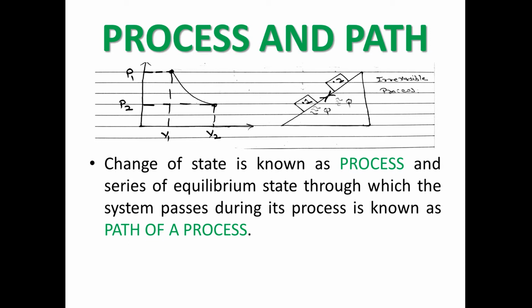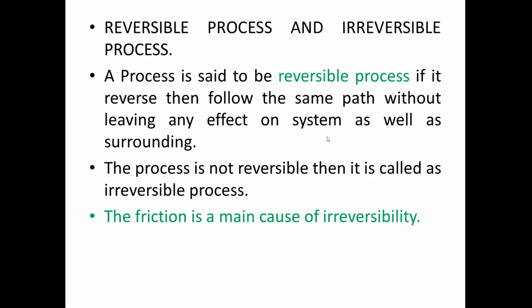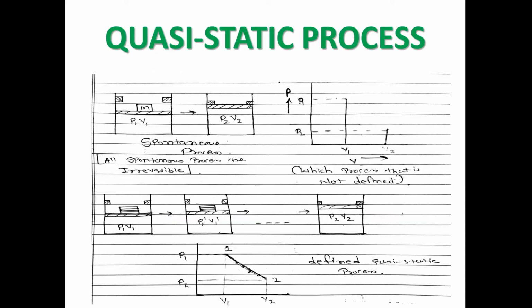And there are other phenomena also, like friction and other things, that prevent that. But we can say that friction is the main cause of irreversibility. So these are the reversible and irreversible processes, and friction is the main cause of irreversibility.